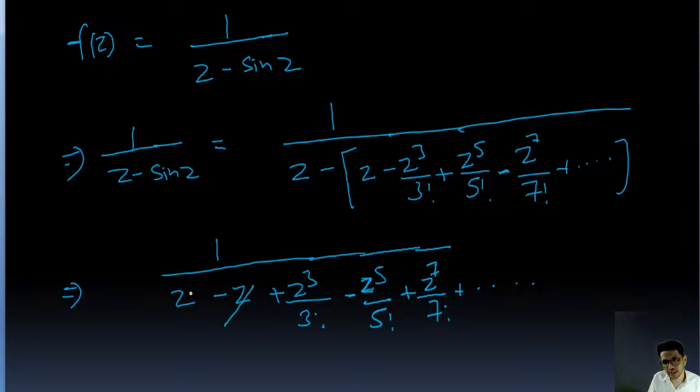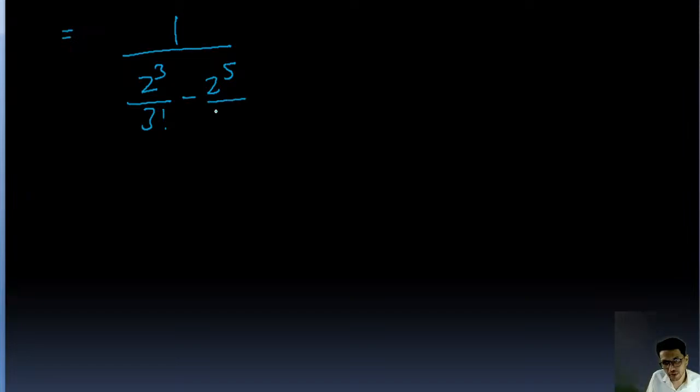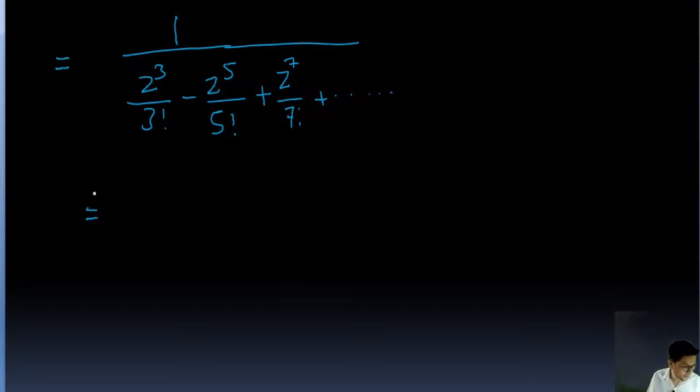Okay, z will get cancelled, right? So it means the value is going to be 1 upon z cube upon 3 factorial minus z to the power 5 upon 5 factorial plus z to the power 7 upon 7 factorial, plus so on.